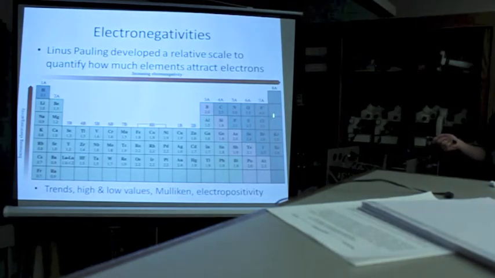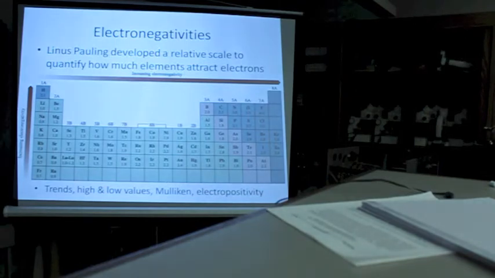And so over here, atoms really want electrons. Over here, they don't want them so much, and they're willing to actually give up their electrons. Electronegativity quantifies how much they want electrons. And so we can use these things to understand how, given two atoms sitting next to each other, they are likely to share electrons.